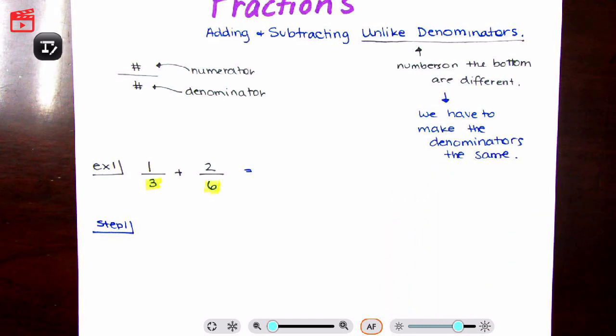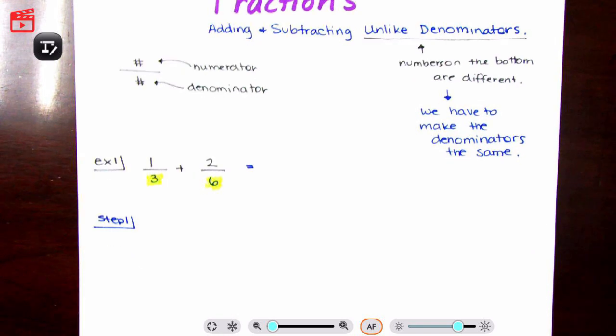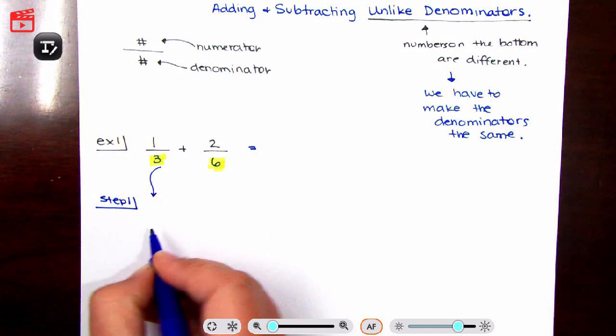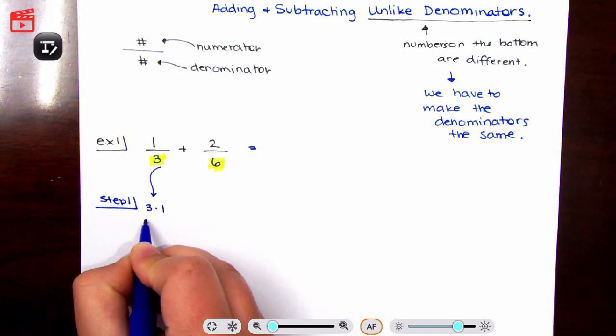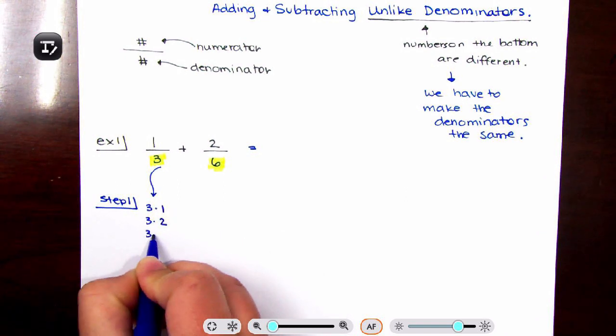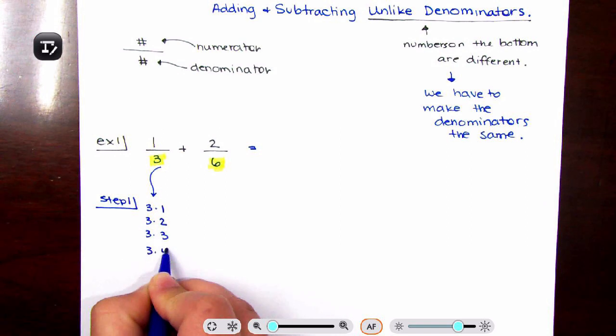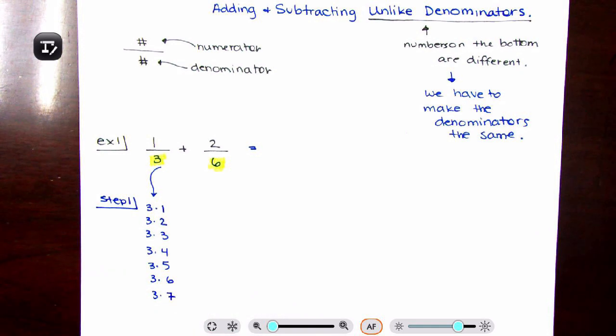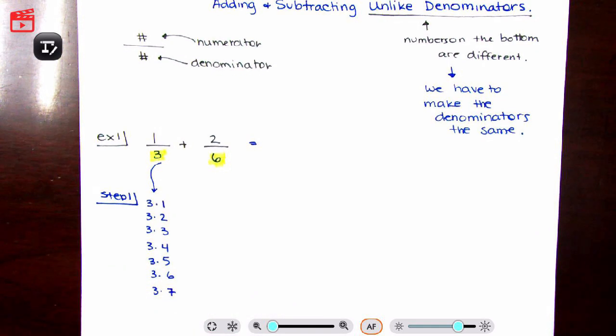Okay, so how does that look? Step number 1 is you're going to list the multiples of your denominator. So you're going to say 3 times 1, 3 times 2, 3 times 3, 3 times 4, 3 times 5, and you're going to do that for a few numbers. Now, how many is enough? Until it is.